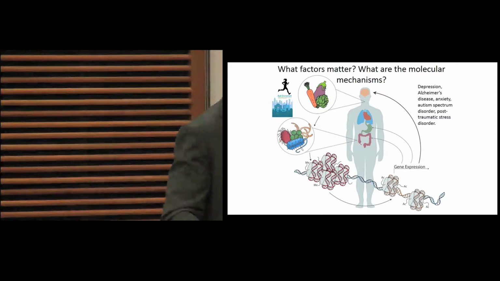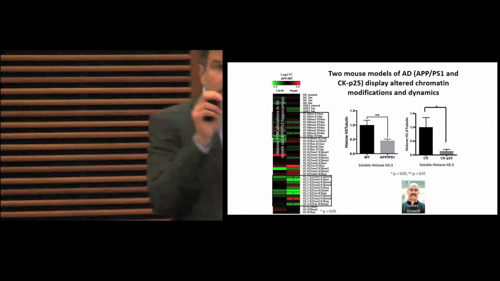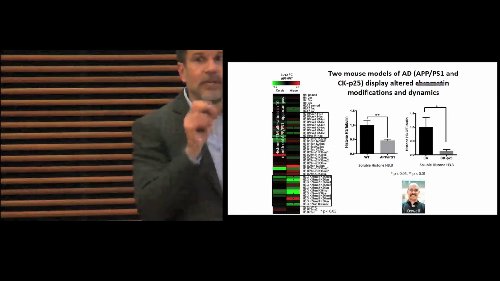And we're lucky in my group to have a scientist, James Dowell, who's been studying this, who's been trying to establish a link between AD, so mouse models of AD, and altered chromatin states. And what James has found is, in fact, there's some pretty profound changes in two different models of Alzheimer's disease, two different mouse models of Alzheimer's disease.